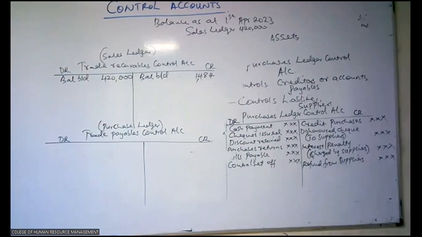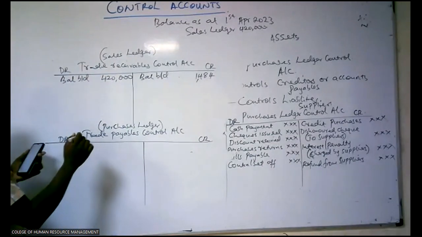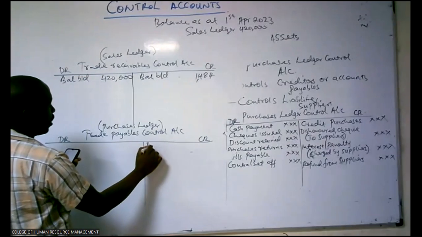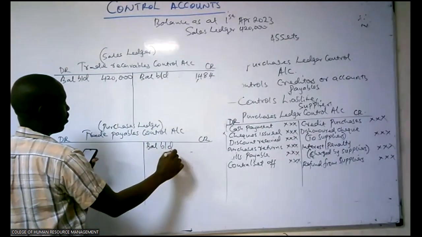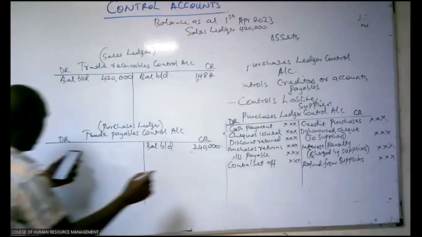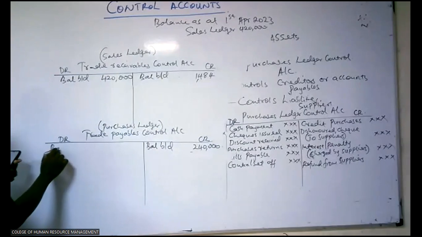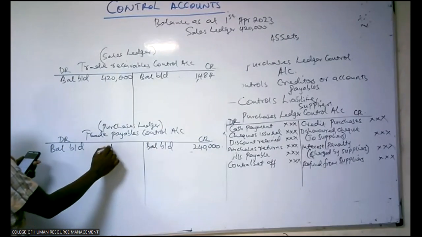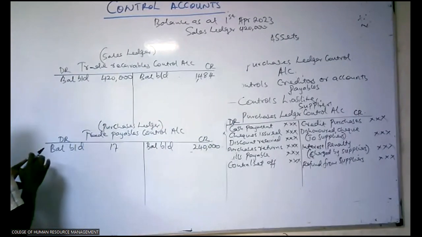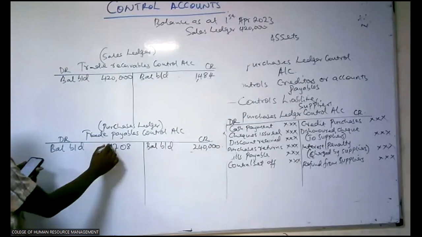For the purchases ledger, the trade payables ledger, you are told that the credit is 40,000. Balance brought down 40,000 on the credit, and then 1708 on the debit. Balance brought down to 1708.